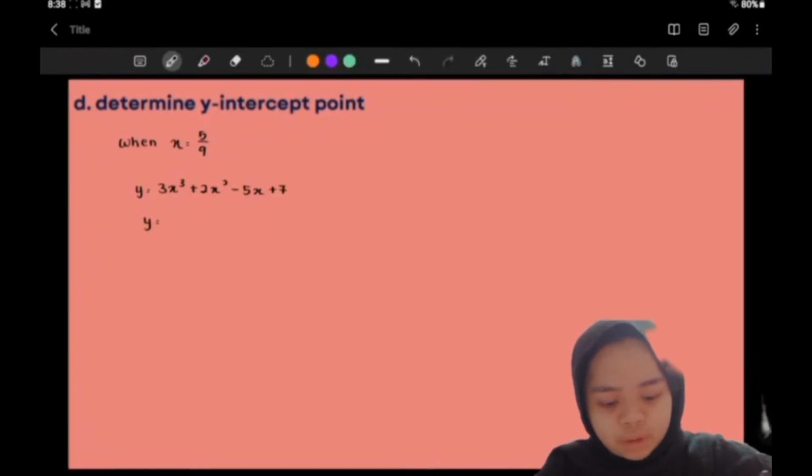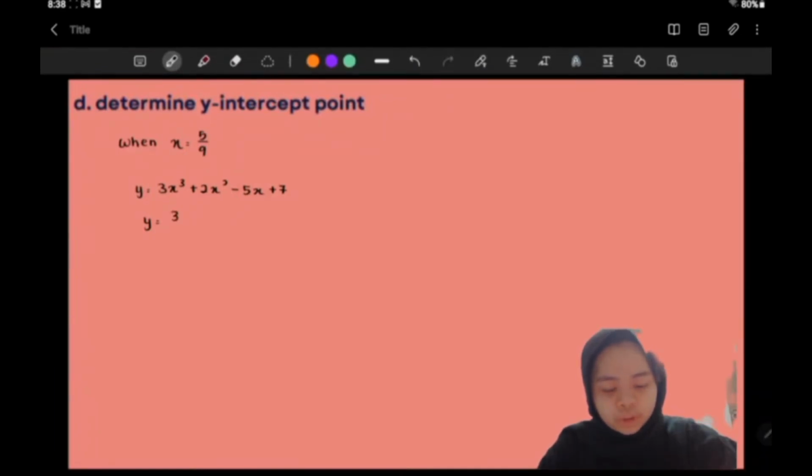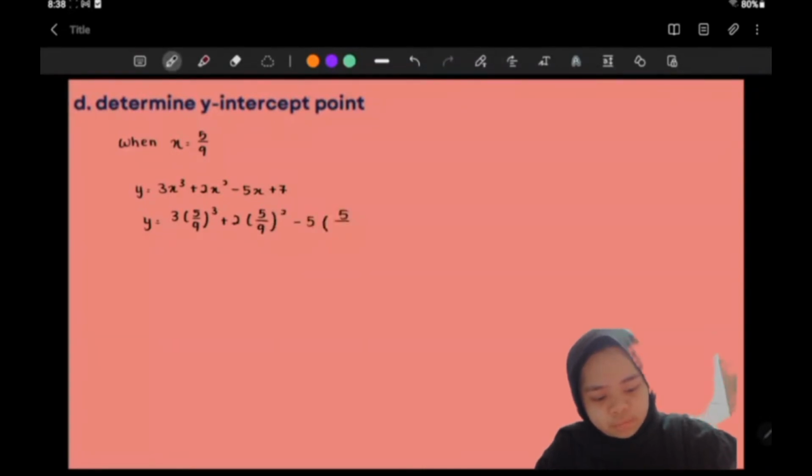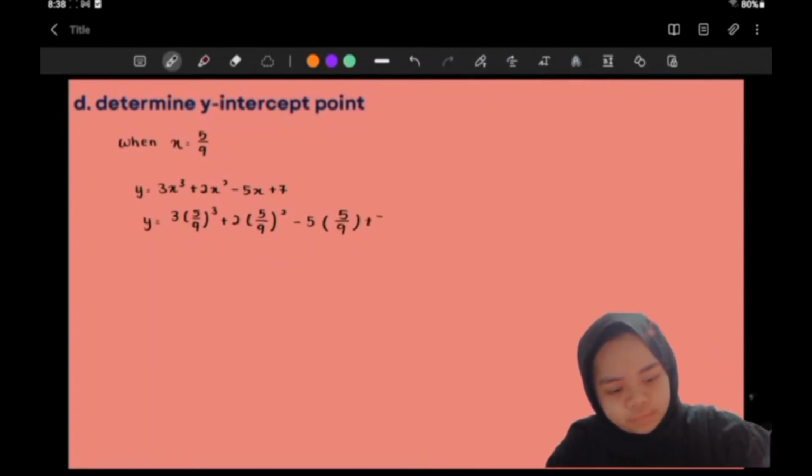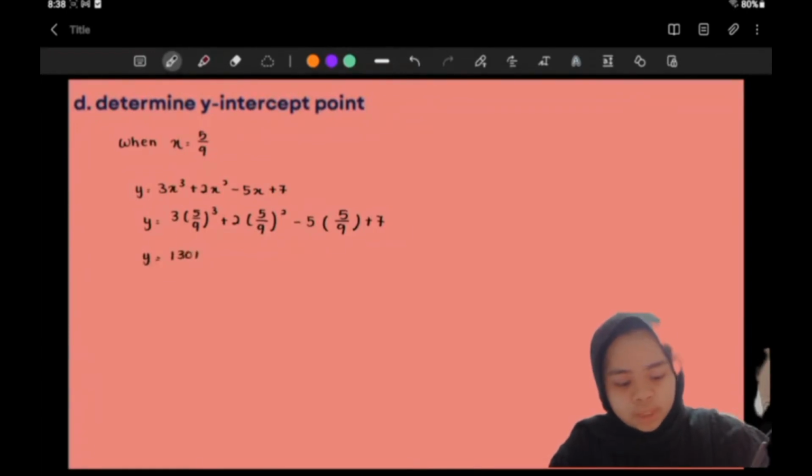We need to change x with 5 over 9, so 5 over 9 squared plus 5 over 9 cubed minus 5 over 9 plus 7. Then you can get y equals 1301 over 243.